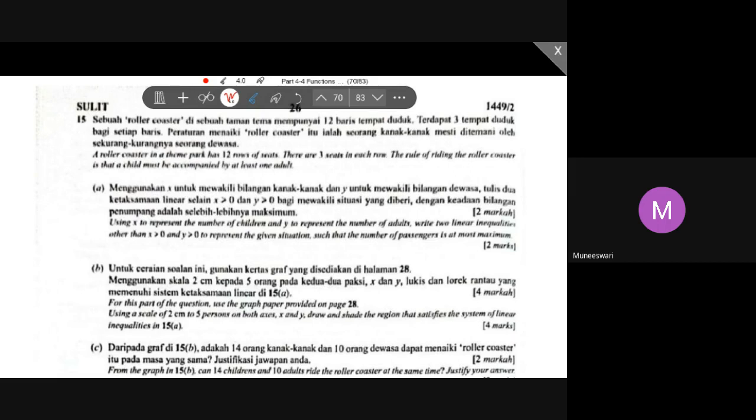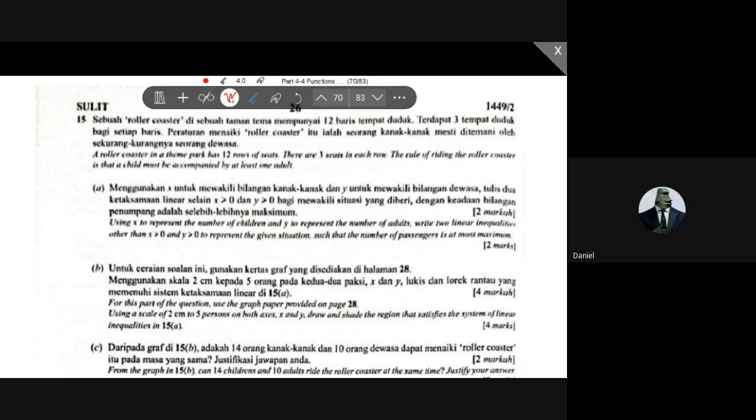Anyone got clue? Kalau tak tahu, cakap tak tahu, okay? Which is the first inequality you can think of? I don't know, it's okay. At least orang bagi tahu. Okay, saya terangkan.